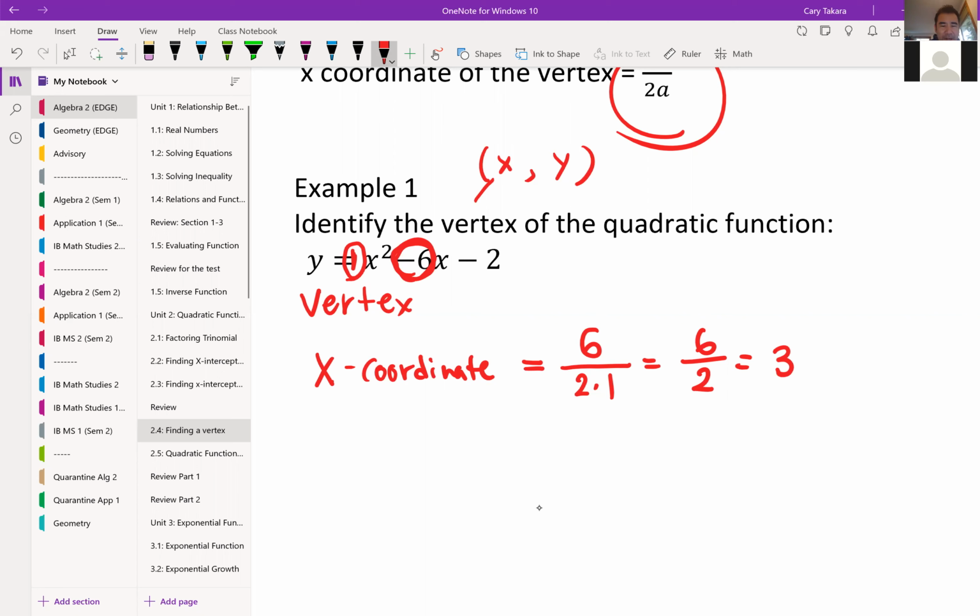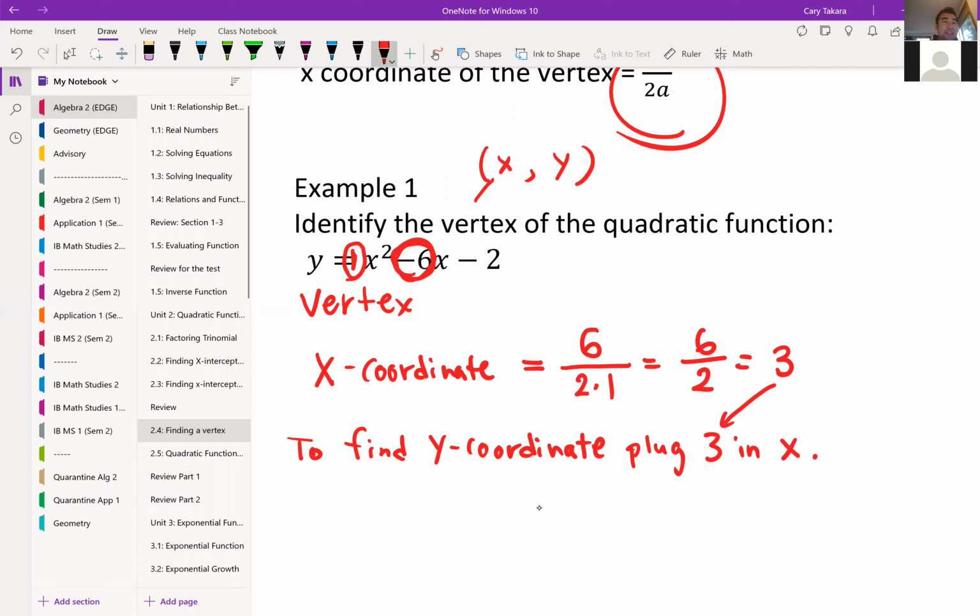Now to find the y coordinate, let's write it down. Plug 3 in x. And the 3 is coming from the x coordinate that we just found.